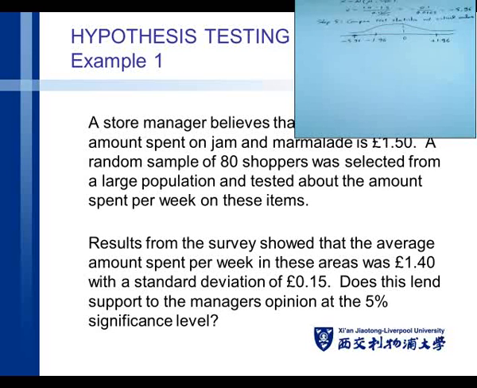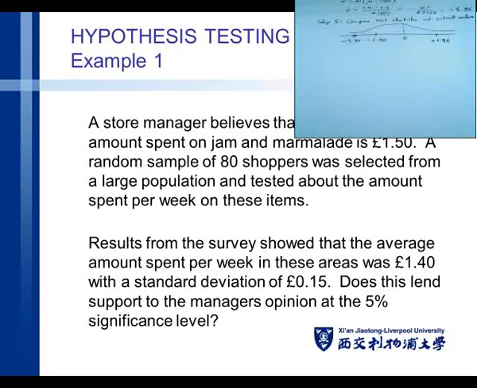So the next step is to come to a conclusion. In which area does it fall? What do you do with this? So you have two options. It's a yes or no, right? So reject or do not reject.